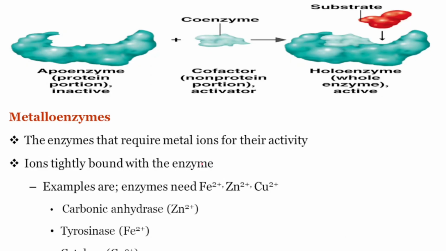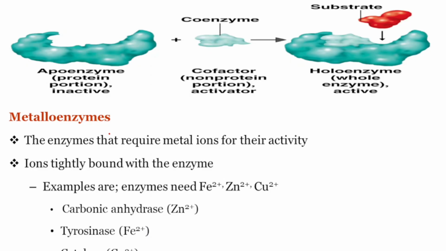So if we remove this group, the enzyme will be damaged. For example, carbonic anhydrase needs the zinc ion, tyrosinase needs the iron ion, also catalase needs the copper ion. This is all about the metalloenzymes.